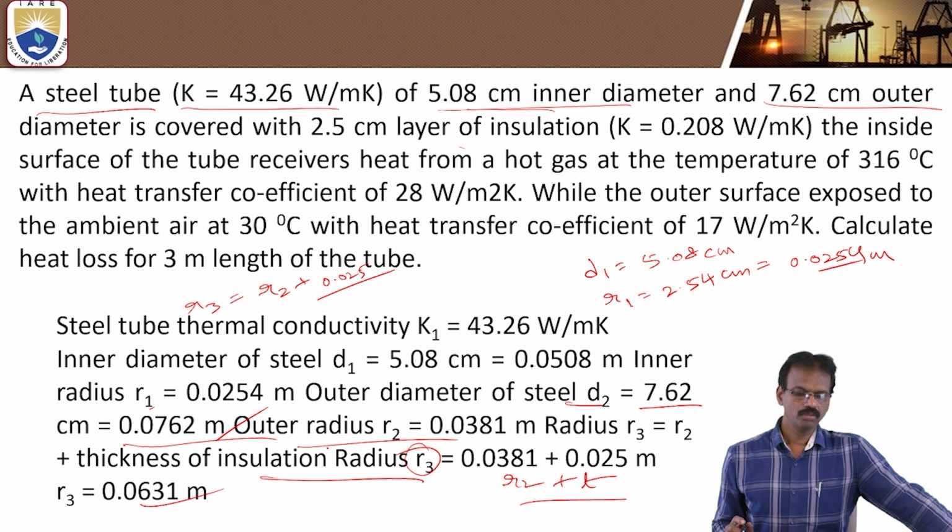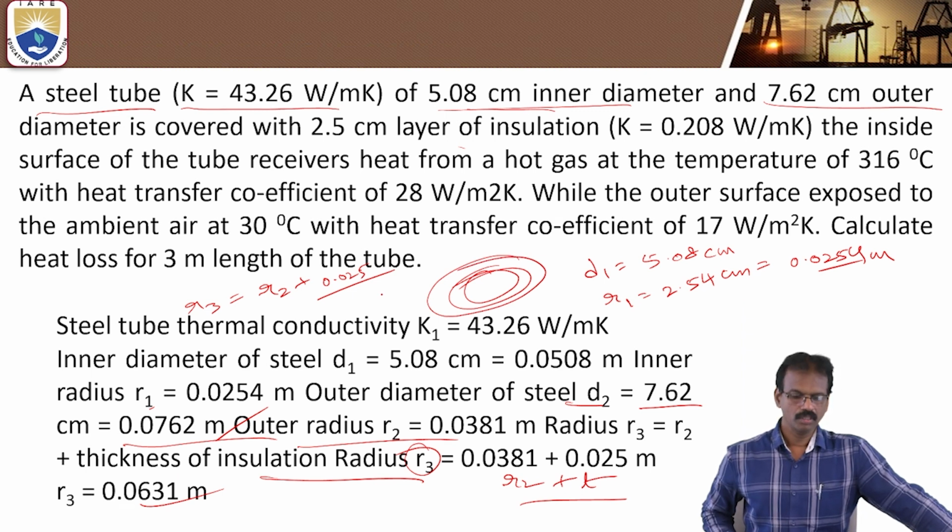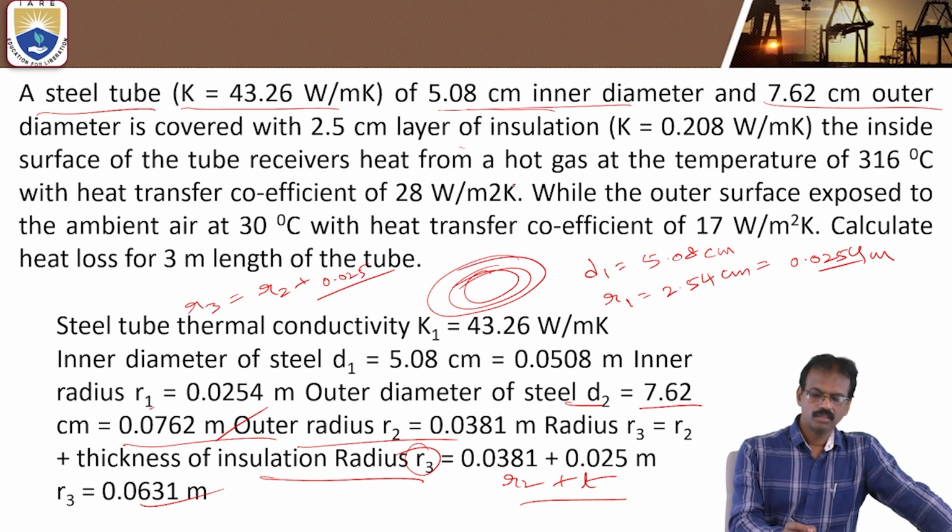So here you can see one is the steel tube, another one is the insulation layer. Next, a hot gas at temperature TA, the hot gas temperature TH, is 316 degrees Celsius.